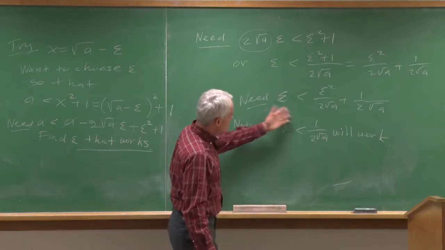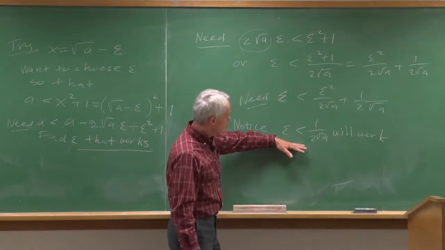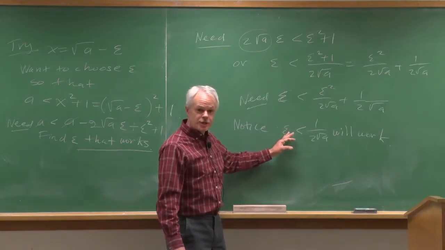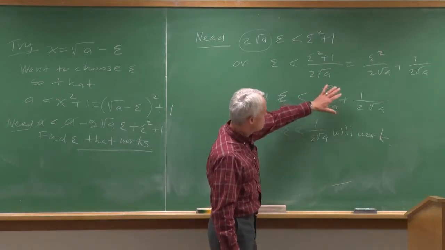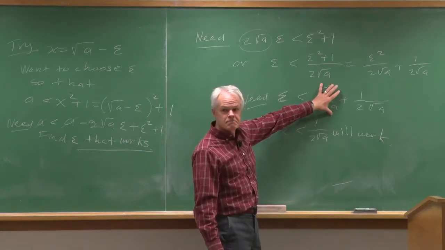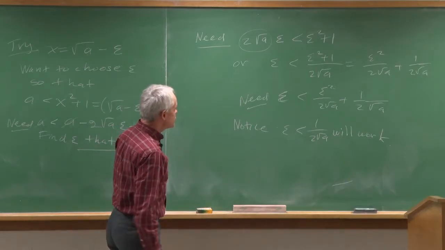I didn't need to have an equality. I just need to have an inequality. It's easier to make this one. And then it says exactly what I need to do for the epsilon. Okay? So this term makes it harder, but I can ignore it because I'm adding it on. That just makes it bigger. Everyone okay with that step? So that's the type of thing you do in your scratch work.